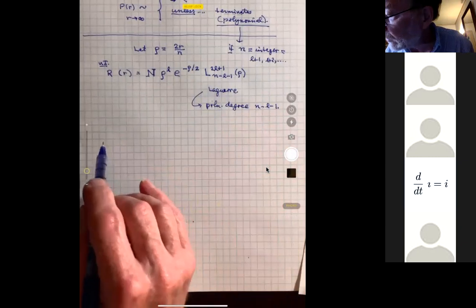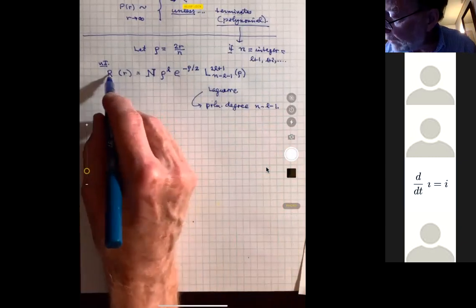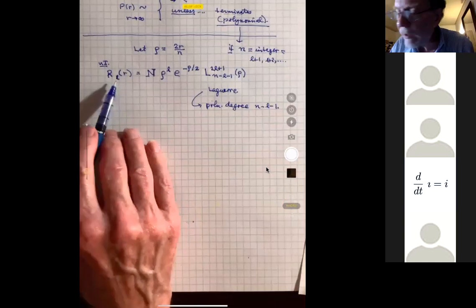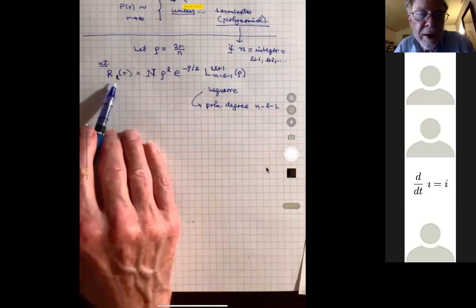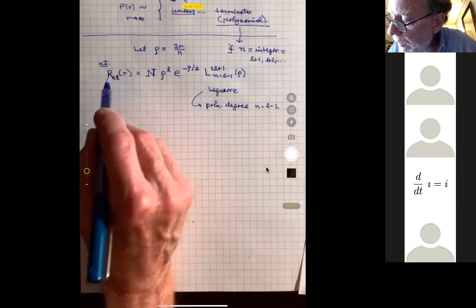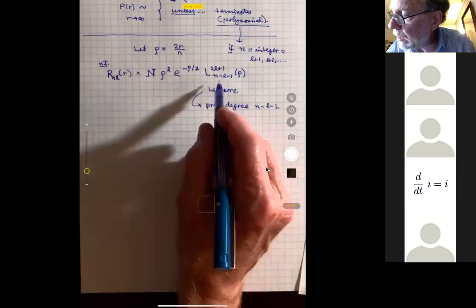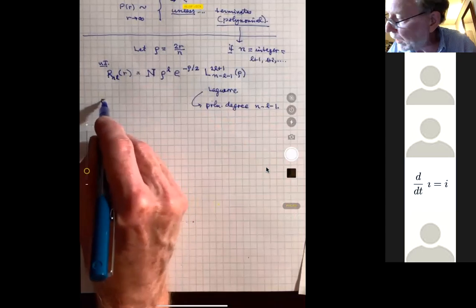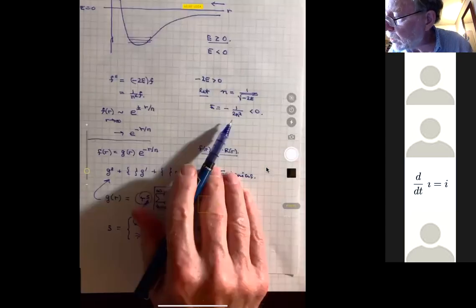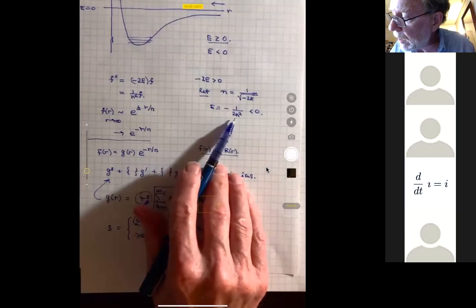All right. Now, the radial wave function depends on L. Radial wave functions always have to depend on L because the radial wave equation depends on L. But it also depends on n, which we now see is the sequencing number of the energy levels. In fact, the energy levels are given by the same formula that I wrote down earlier, except when I wrote this down, we were thinking that n might be a continuous variable for all we knew.